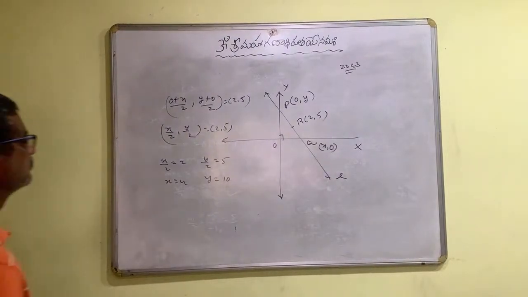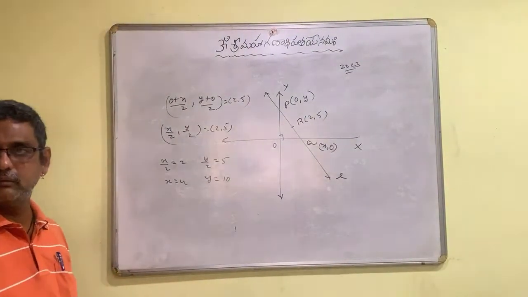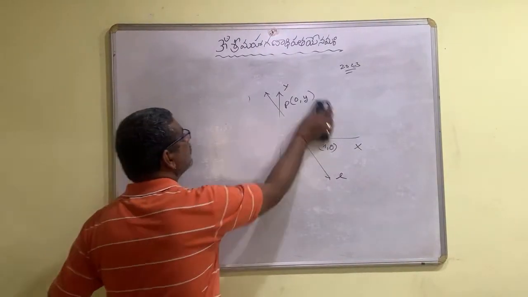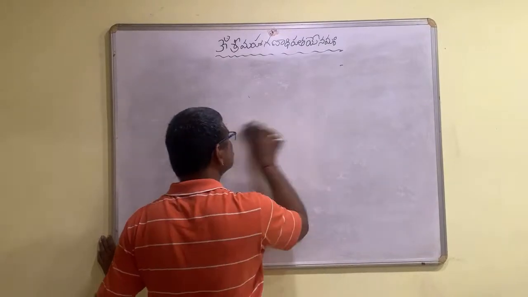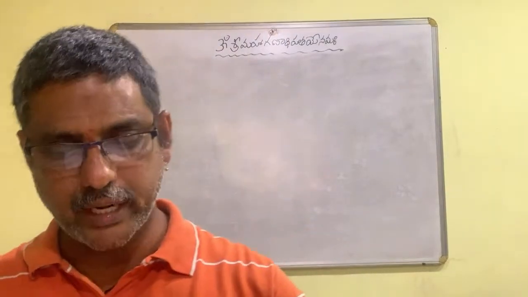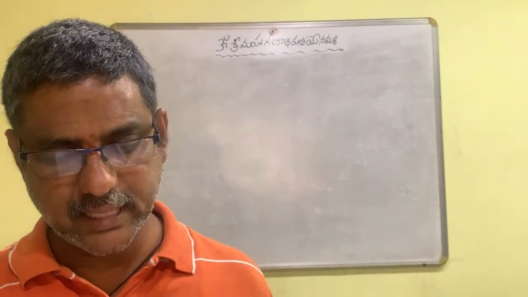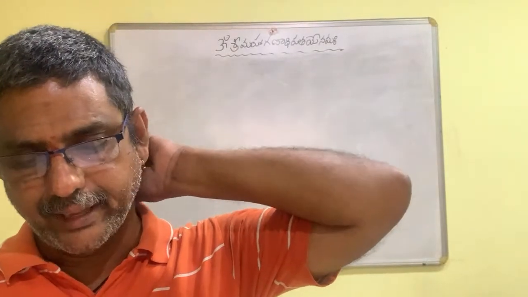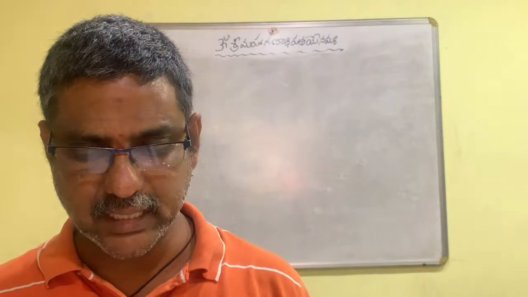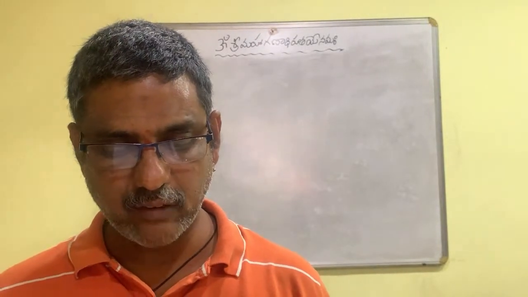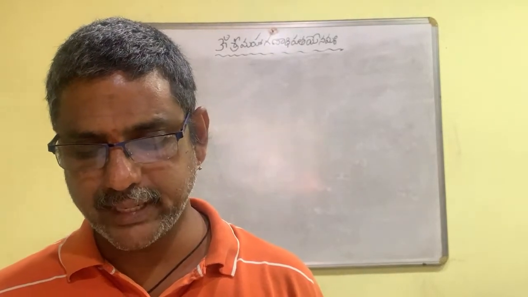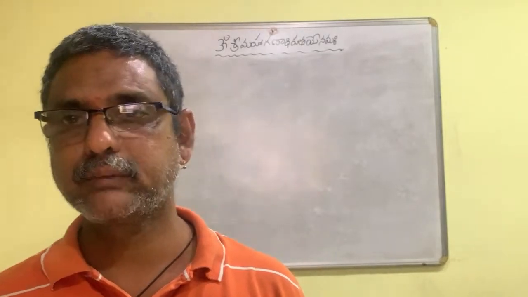Okay. Next question. Now this question is in the 2023 board exams. Find the points on the x-axis, each of which is at a distance of 10 units from the point A(11, -8).